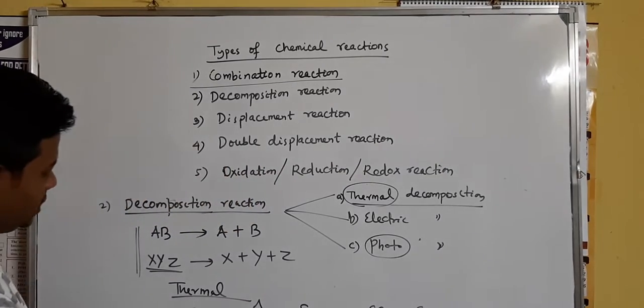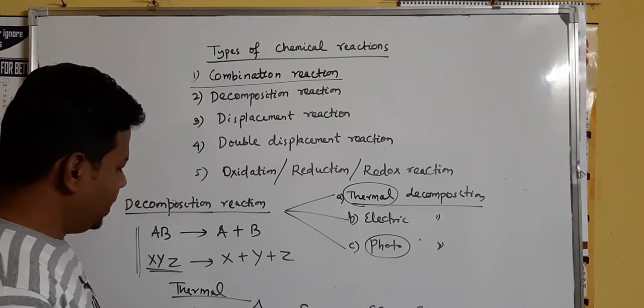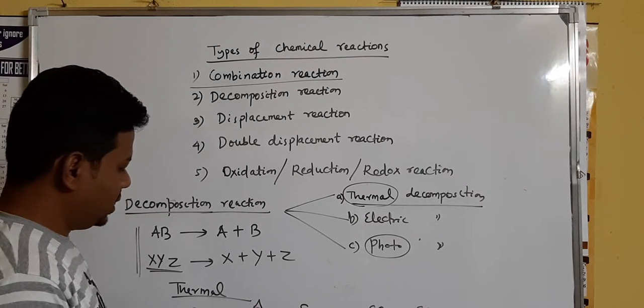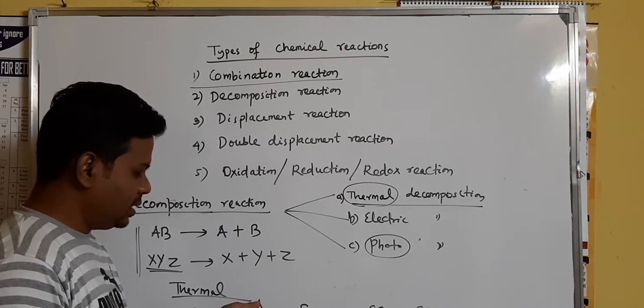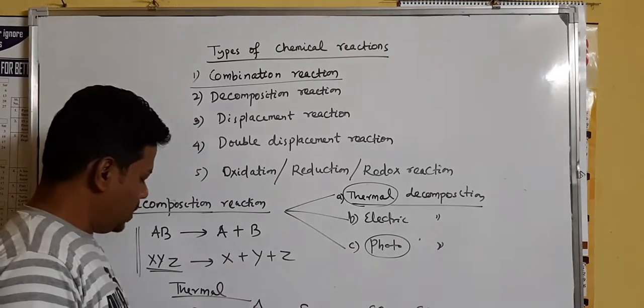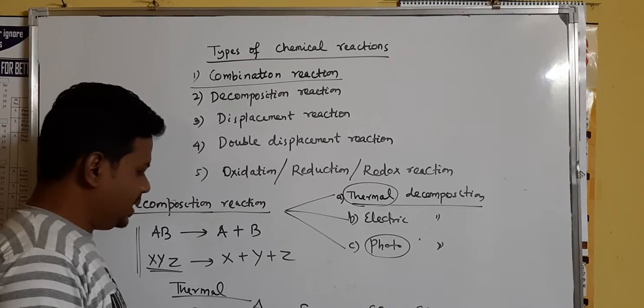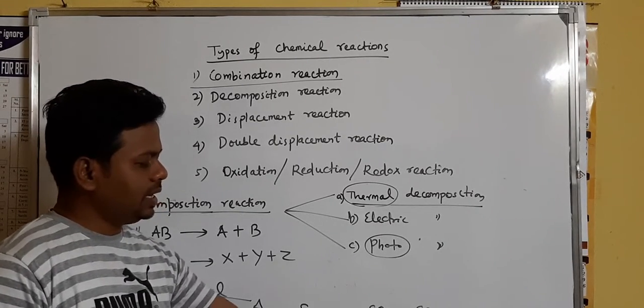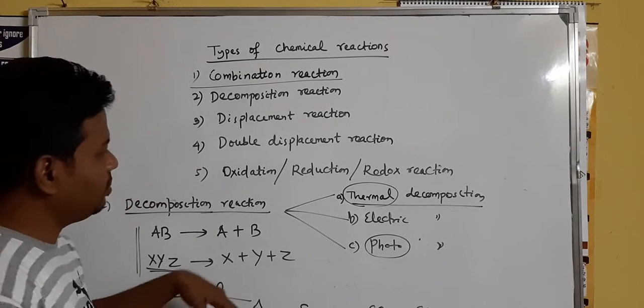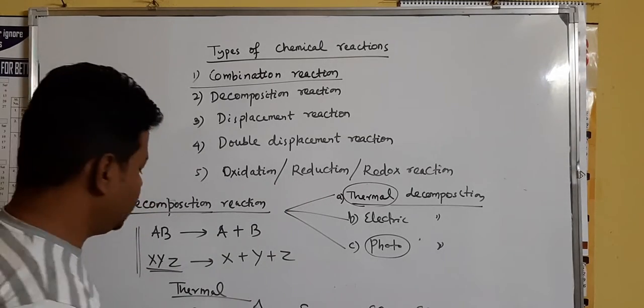Here you can see a single reactant breaks due to heat. The heat can be symbolized in the form of a triangle. This triangle symbolizes heat energy. So because of heat, this reactant breaks to form three products, Fe2O3, SO2 and SO3. This is an example of thermal decomposition.